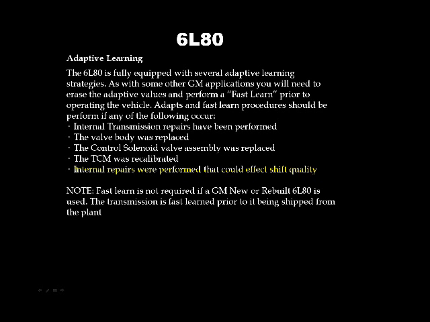So anytime we have done an internal repair that could affect shift quality, we've recalibrated the TCM itself, so we put a new calibration in, we changed the valve body assembly or the TECM, or we did an internal transmission repair that could affect shift feel, any of those things will require you to redo a fast learn with this transmission.